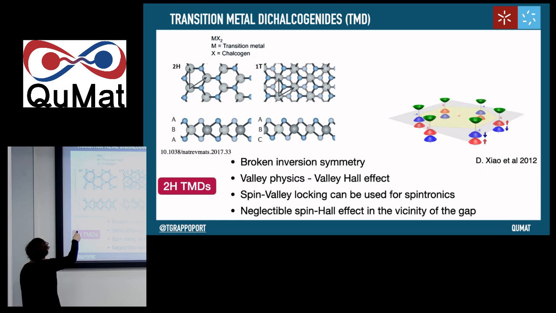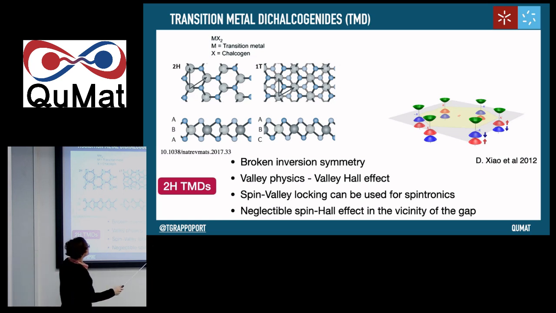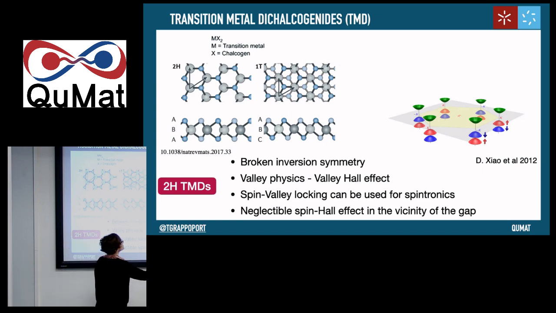Well, first, the case of the 2H, where you have broken inversion symmetry: because of the broken inversion symmetry, you have valley physics associated, and you can have the valley Hall effect. This is an illustration of the Brillouin zone of a material like that. You have K and K prime.